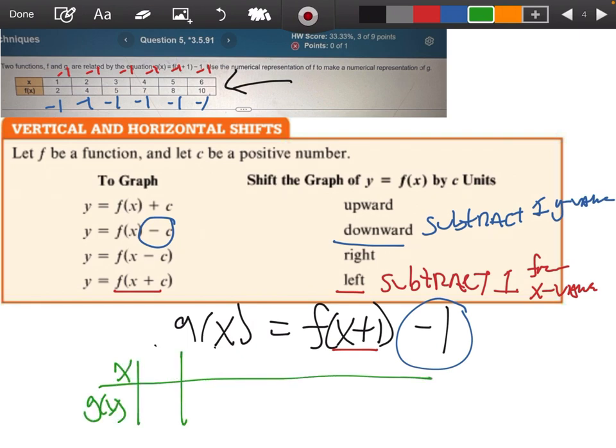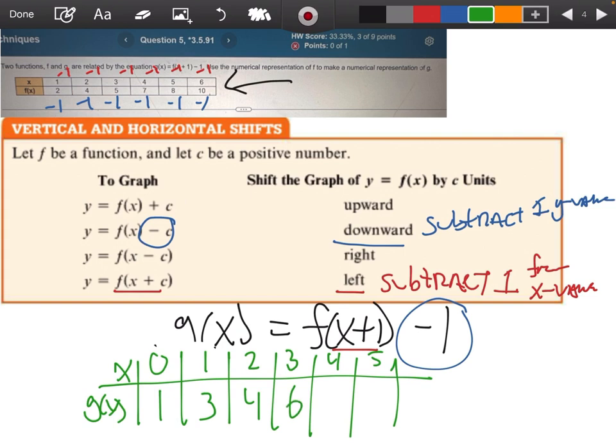So if I subtract 1 from those top numbers, we get 0, 1, 2, 3, 4, and 5. If we subtract 1 from the bottom numbers, 2 minus 1 is 1, 4 minus 1 is 3, 5 minus 1 is 4, 7 minus 1 is 6, 8 minus 1 is 7, and 10 minus 1 is 9. And that's the table that we're going to have.